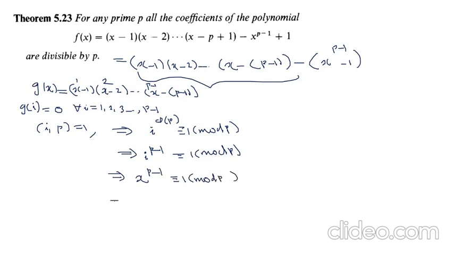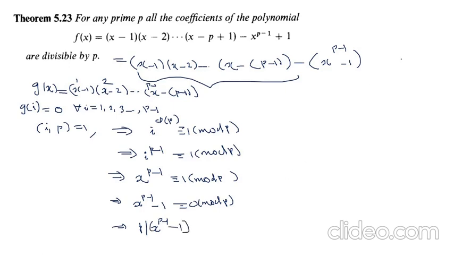Or we can say that x power p minus 1 minus 1 is congruent to 0 modulo p. Or we can say that p divides x power p minus 1 minus 1.